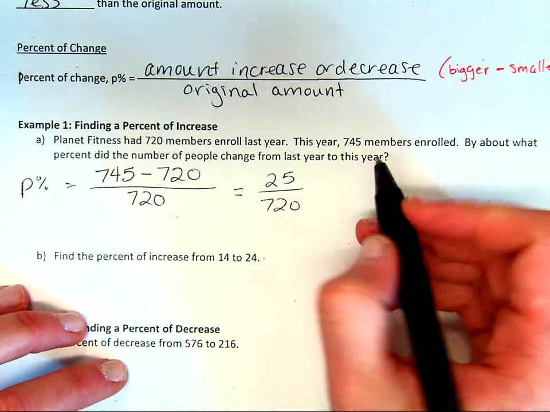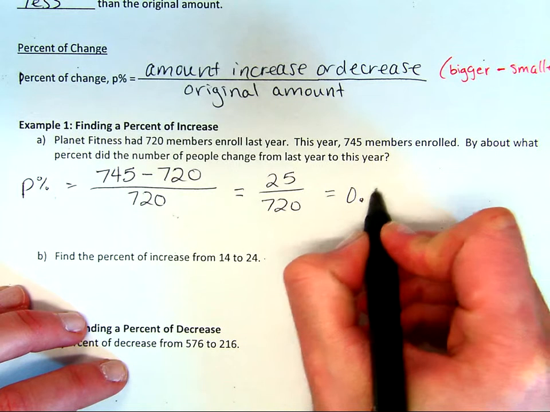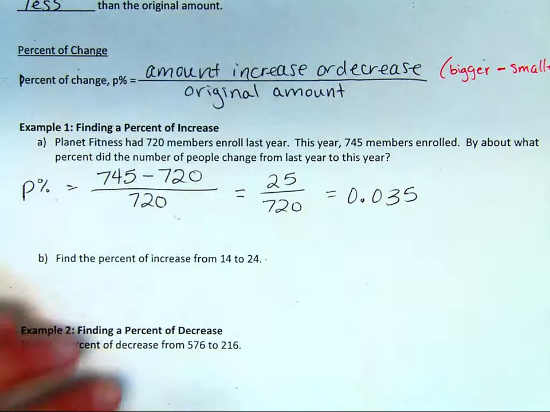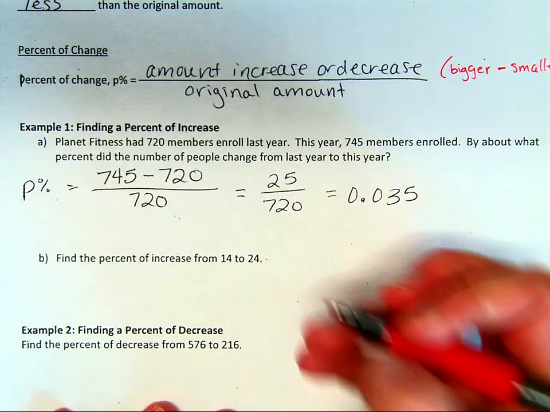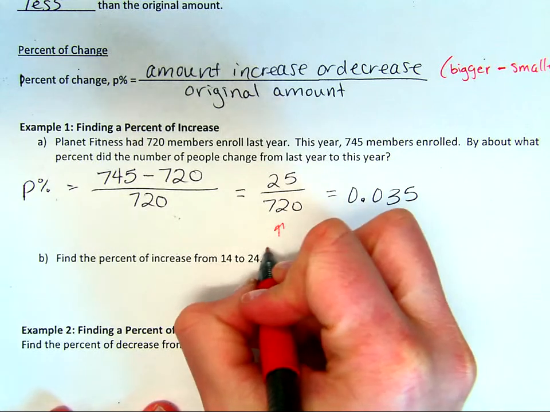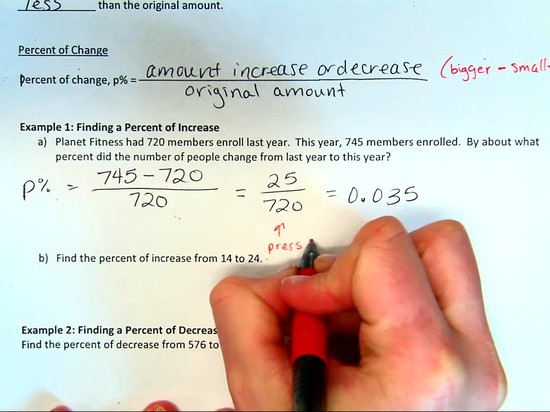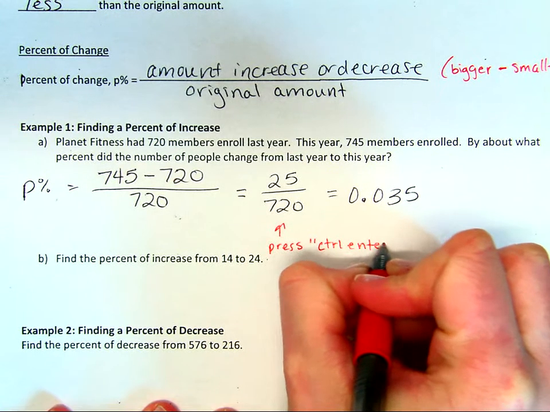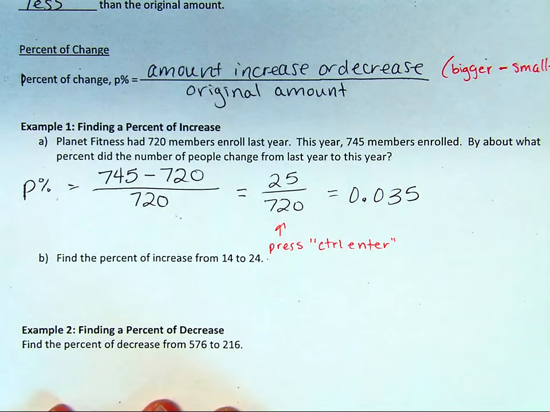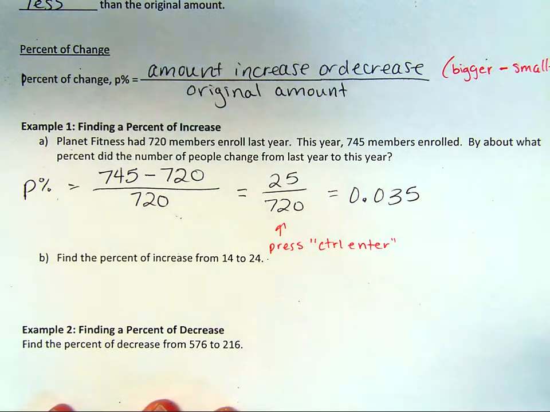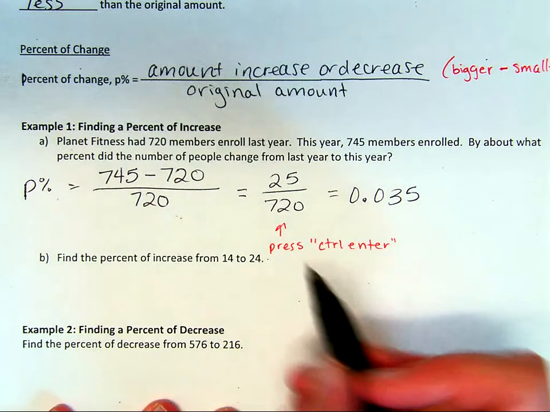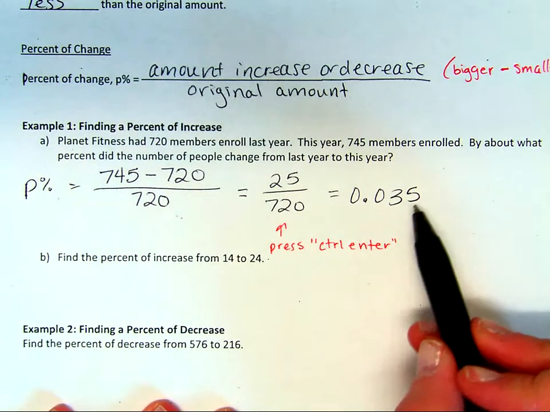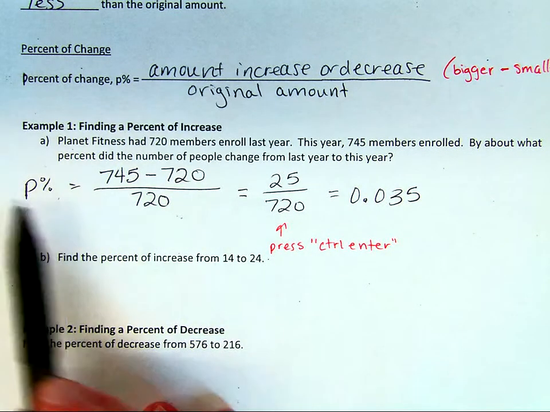So when I type that in a calculator, I get 0.035. Now remember, when you type this in the calculator, you have to press Control-Enter to get a decimal. Control-Enter. That's going to give you your decimal form of the answer. Okay, so now this is a decimal. I need to change it to a percent because I'm looking for a percent.